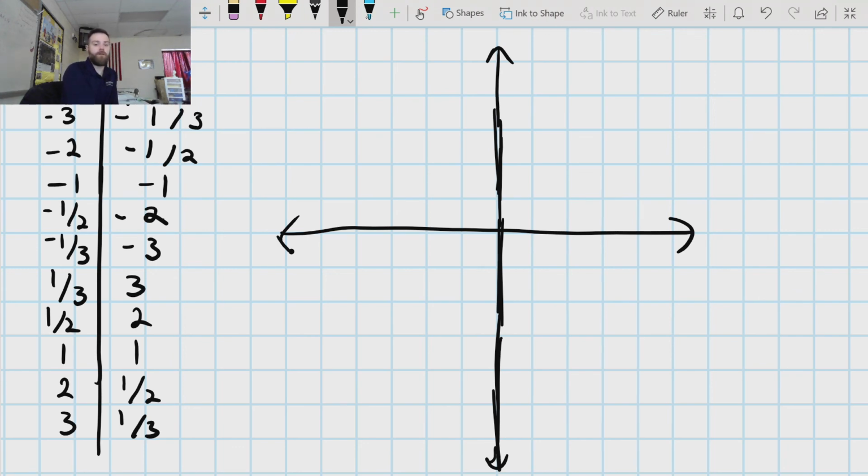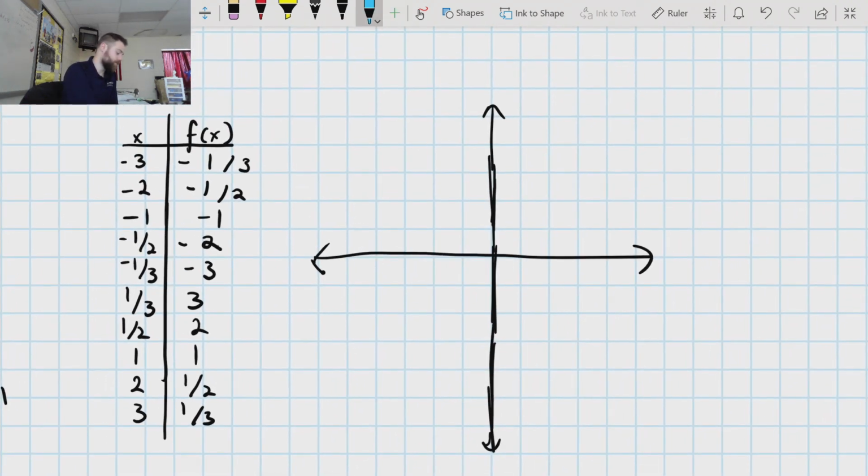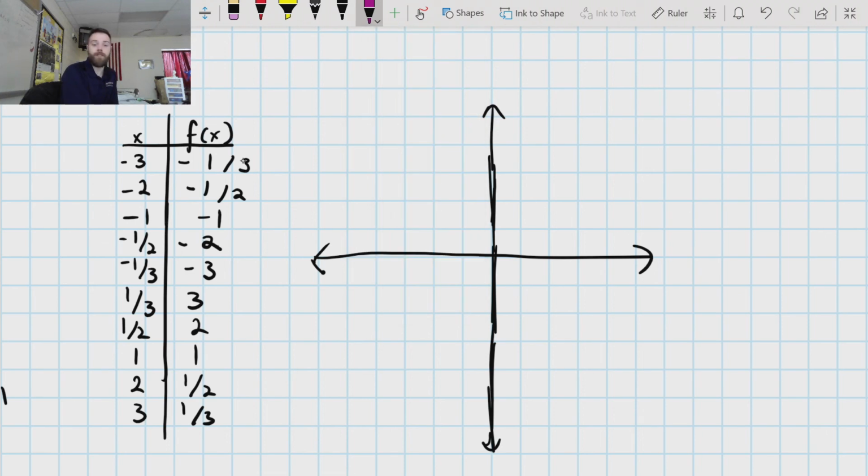I think I'm going to go with indigo again. Yeah, there we go. If I plug in -3, it tells me that I'm going to go down a third. So if I go to -3 on the x-axis, let me make sure I scale this, -1, -2, -3, +1, +2, +3, -1, -2, -3, +1, +2, and +3.